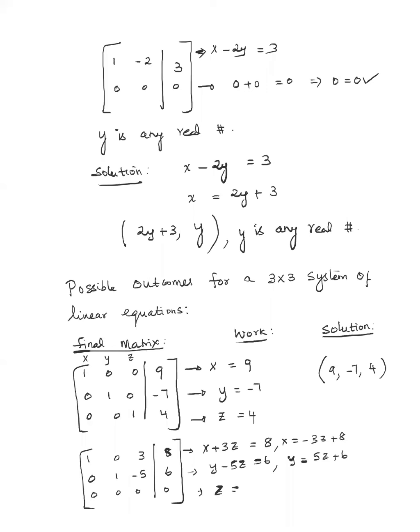Whenever you get 0 equals 0, this is how you write a solution. So finally, you write the solution, whatever you're getting for x, y, and z, we are going to put it in as an ordered triple. So it's going to be -3z plus 8.